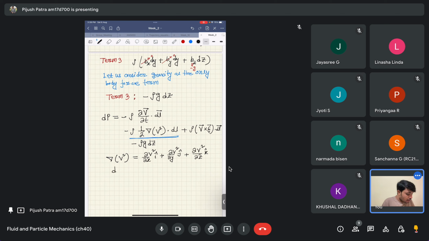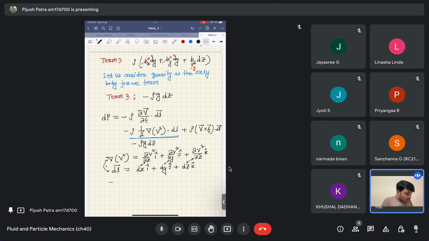What is dl? It is equal to dx i plus dy j plus dz k. So what is this term dotted with this term? This is multiplied by this, this by this, this by this.